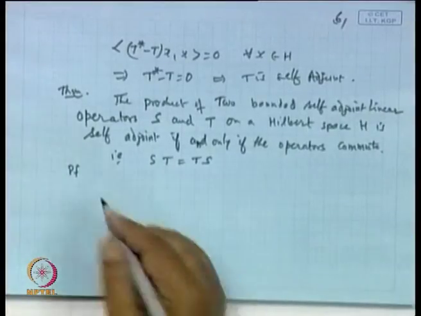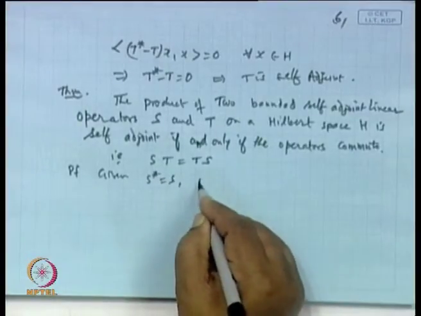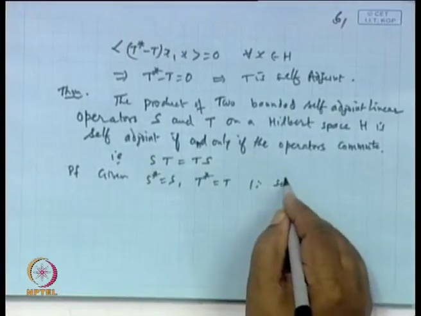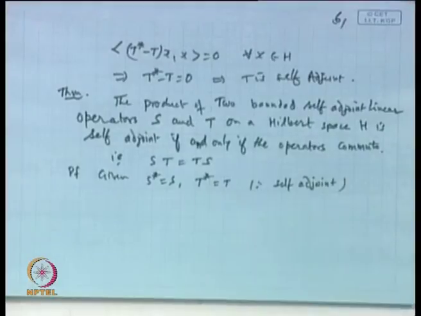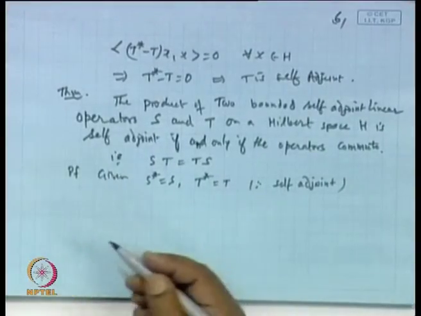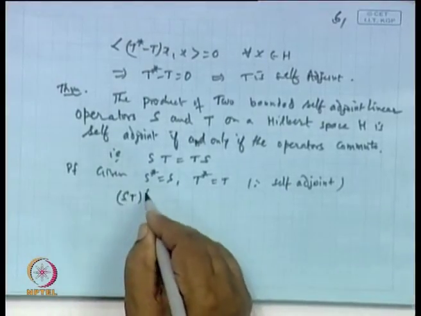So, what is given is S star is equal to S, T star is equal to T, because of the self-adjointness. Is it not? Both are given to be self-adjoint. Now, what we want is that the product ST should be self-adjoint. So, consider (ST) star.